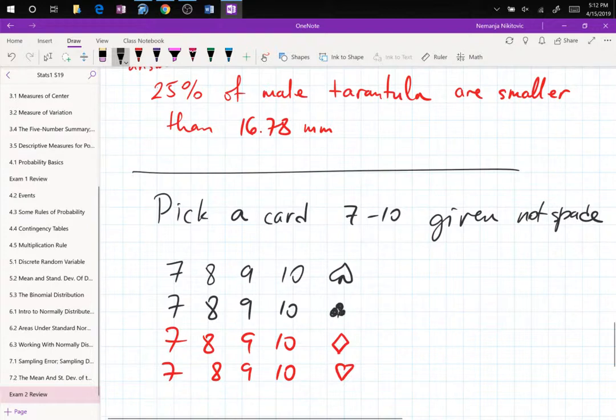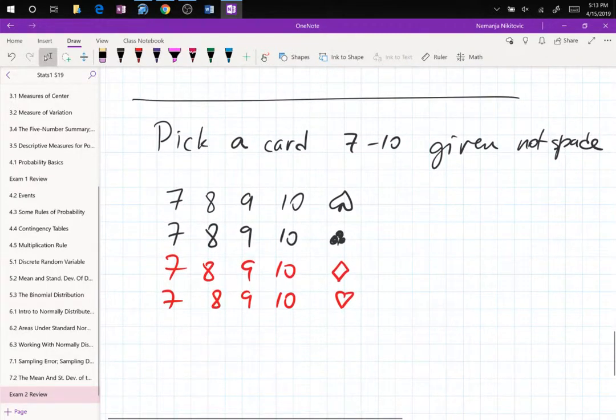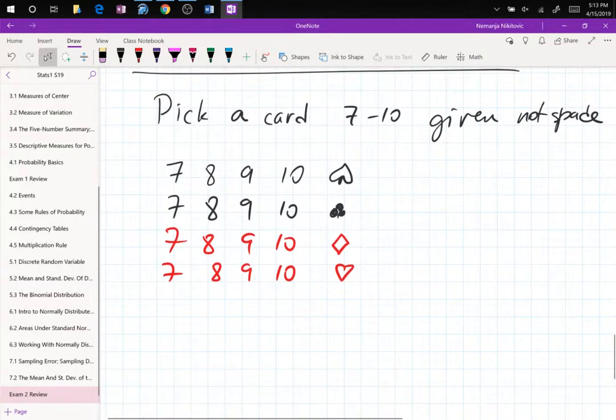All right, so here they are, all of them. So we are picking from the entire deck, right? And the entire deck has 52 cards.